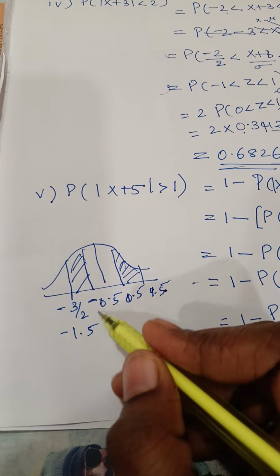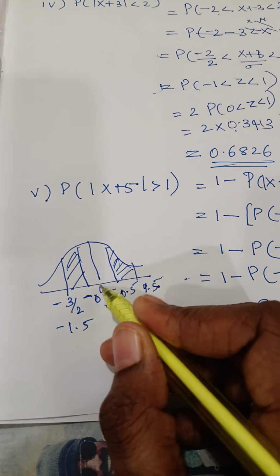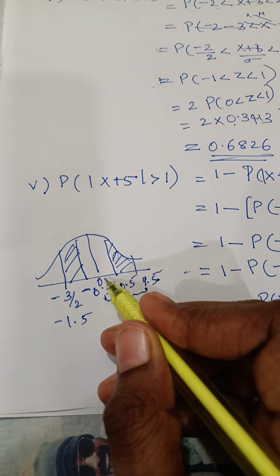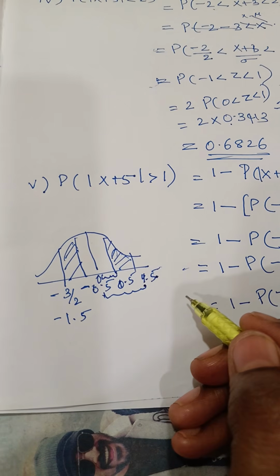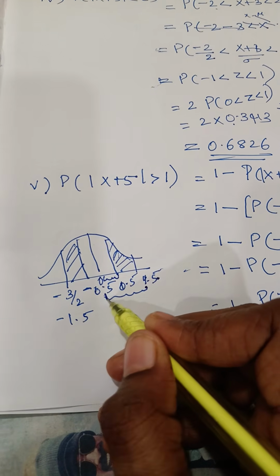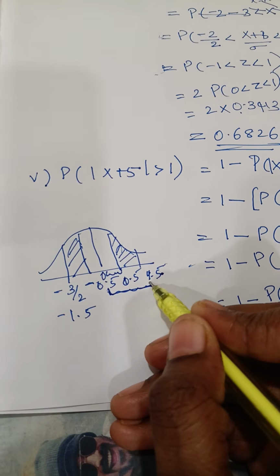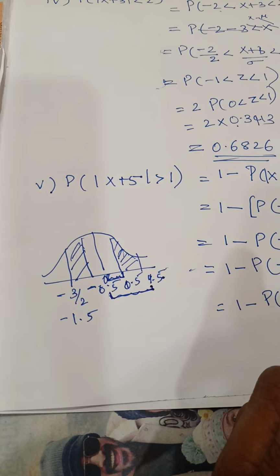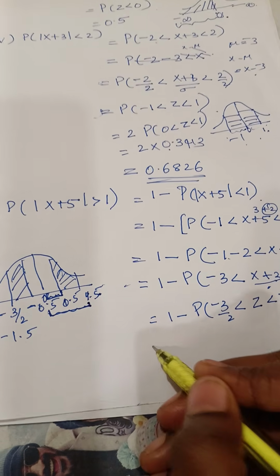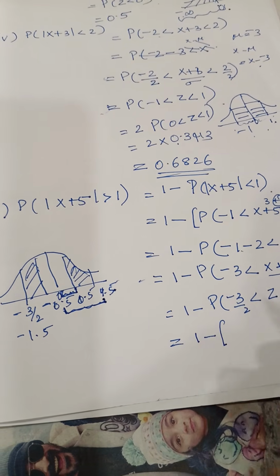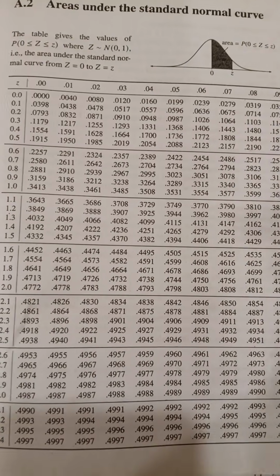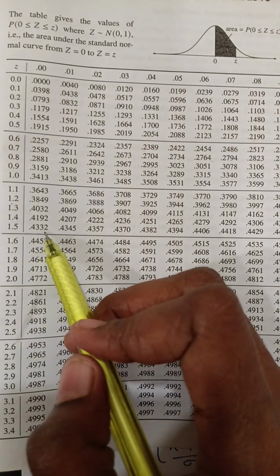And how can we find this area? From 0 to 1.5 we will get the probability from the table, and from 0 to 0.5 also we will get the probability. So probability from 0 to 1.5 minus probability from 0 to 0.5. Which is equal to 1 minus, what is the probability from 0 to 1.5? 0 to 1.5 is 0.4332.